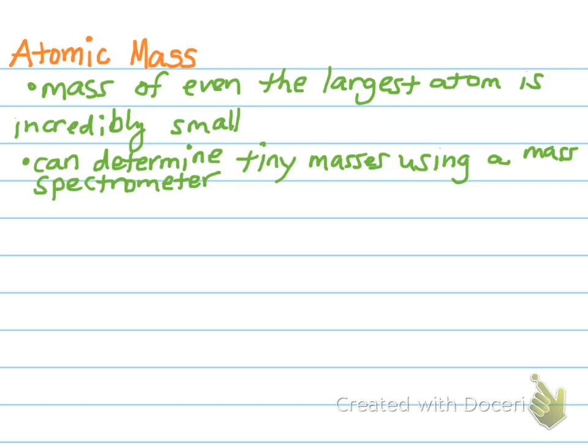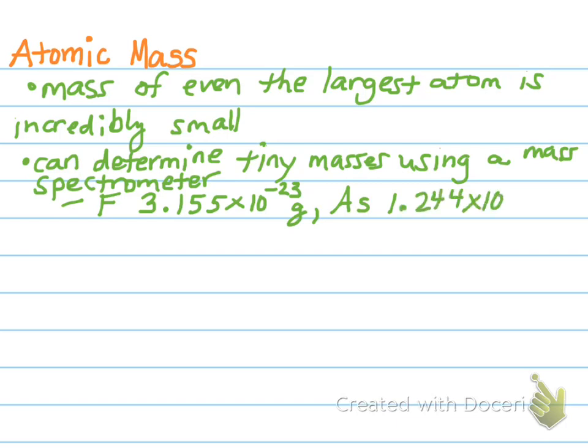To give you an example of how small we're talking about, the atom fluorine has a mass of 3.155 times 10 to the negative 23rd grams. The element arsenic has a mass of 1.244 times 10 to the negative 22nd grams. So these are tiny, tiny masses.